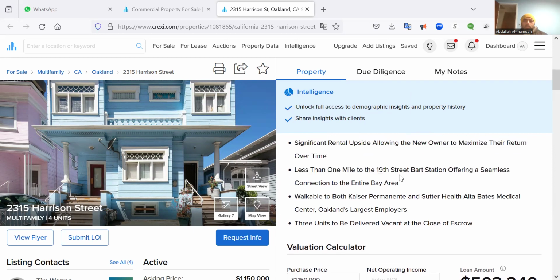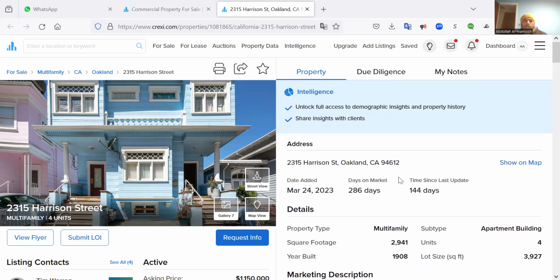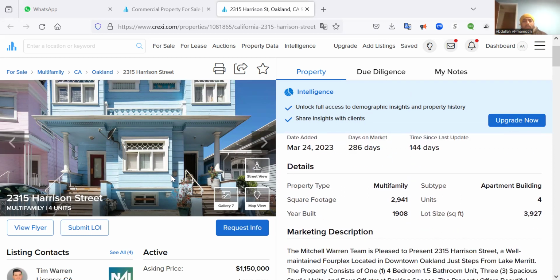I want us to kind of understand things that I don't really get. A lot of times when you're looking for profit on your property, you're going to look for property that has a good price.